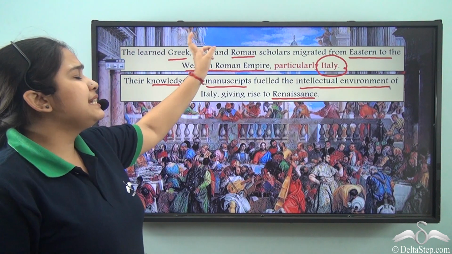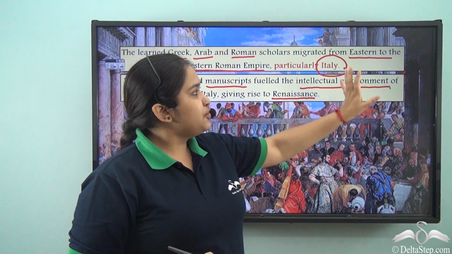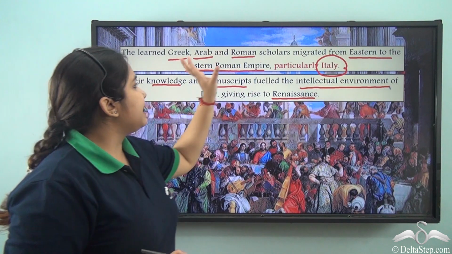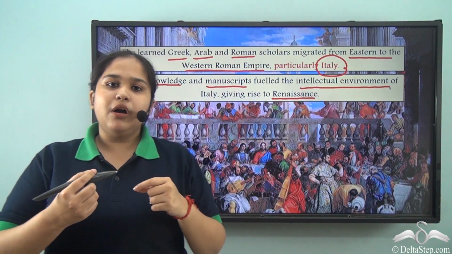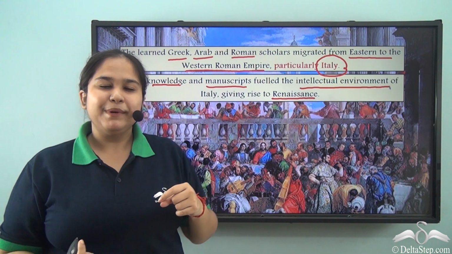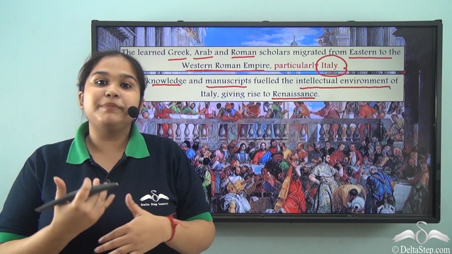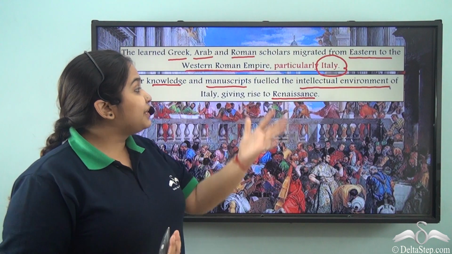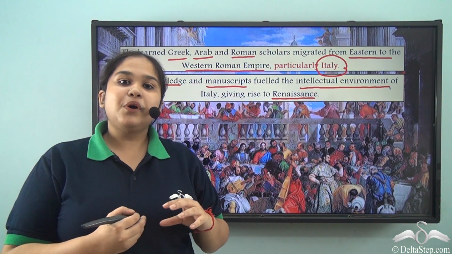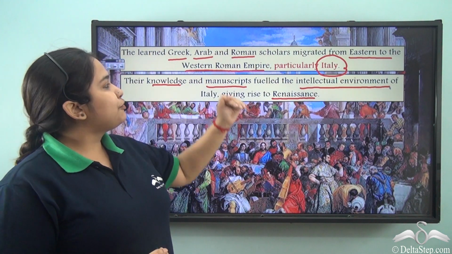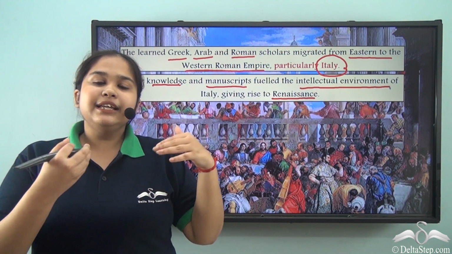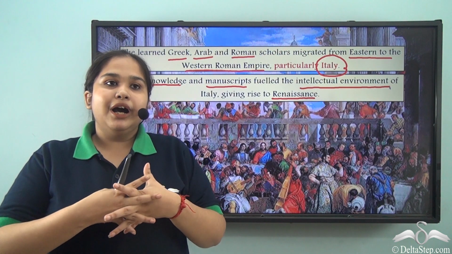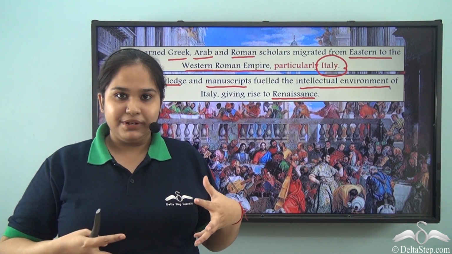But why were these scholars essentially coming in from the Eastern to the Western Roman Empire? And why was this the point of time when their ideas were being accepted or propagated in the Renaissance? That was because, at this point of time when they were situated in the Eastern Roman Empire, the Orthodox Church had an immense amount of dominance, right?